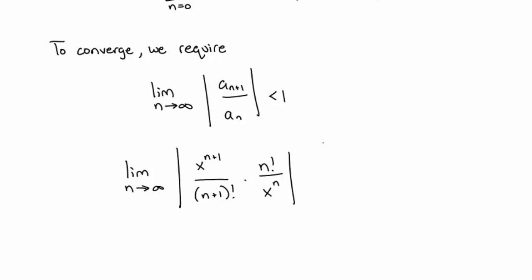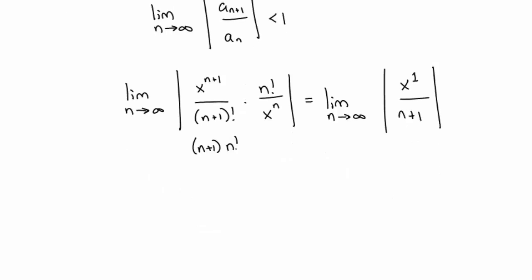Now if we clean this up, again, we want this limit as n goes to infinity to be less than 1. I get x to the first upstairs, and I have n factorial over n plus 1 factorial. n plus 1 factorial is the same thing as n plus 1 times n factorial, so the n factorials cancel, and we just get this. And this is the absolute value of x, because that x does not rely upon n anymore.